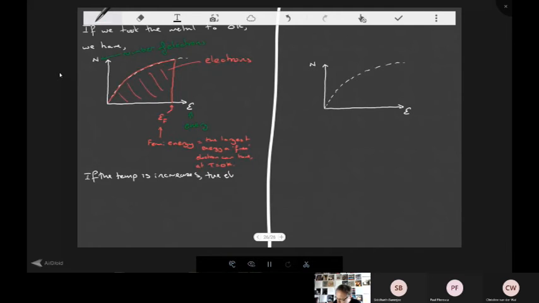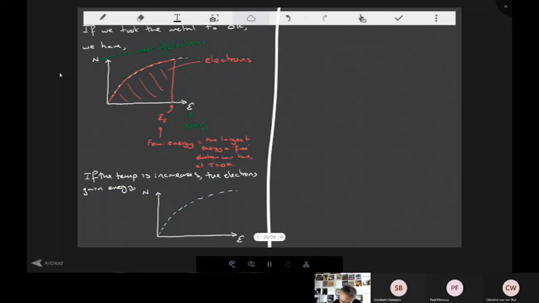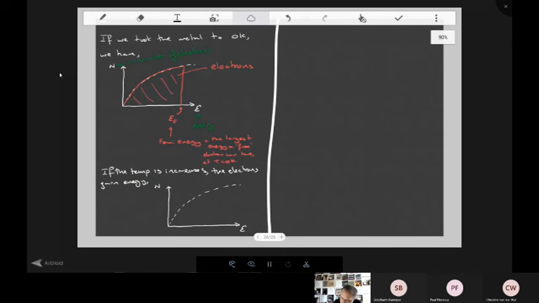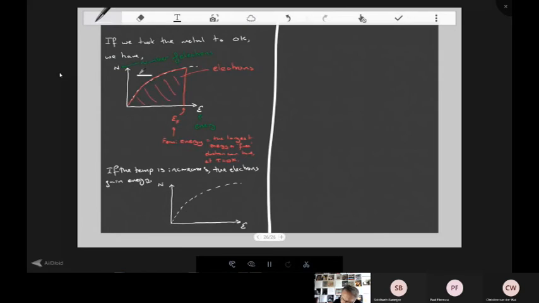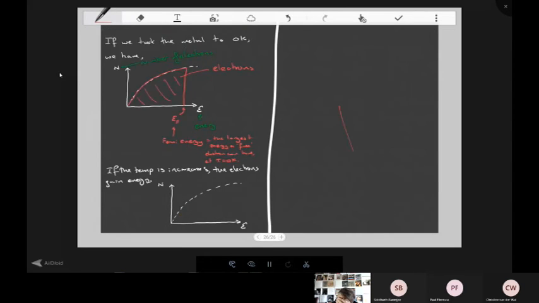The electrons gain energy. And what happens is this goes like this. It goes up.